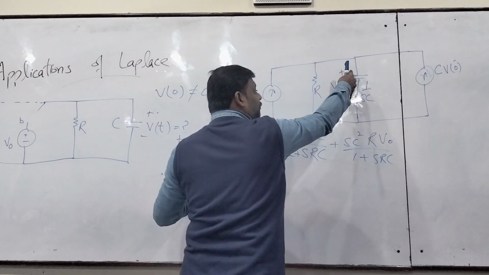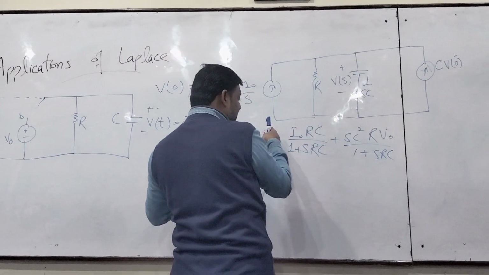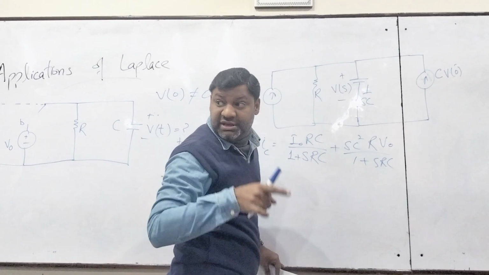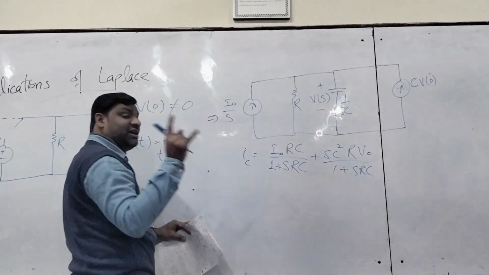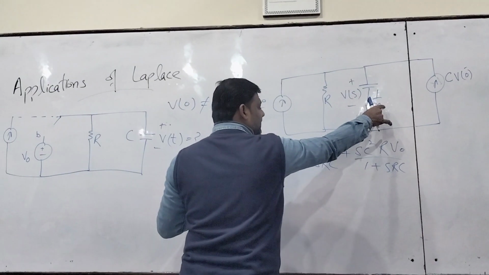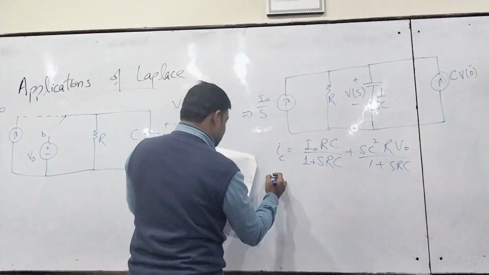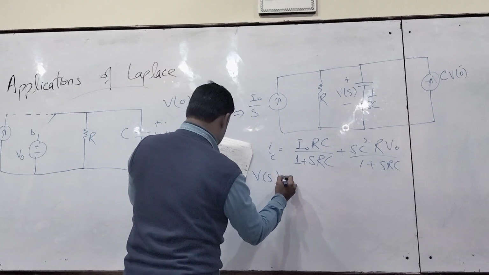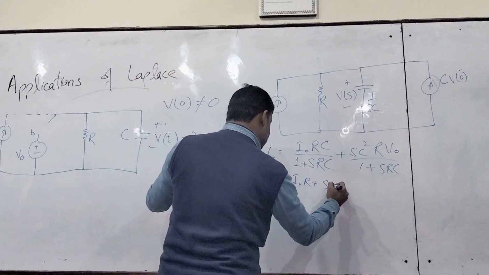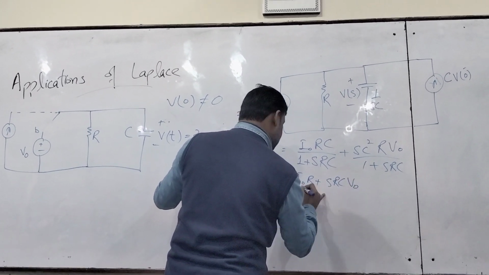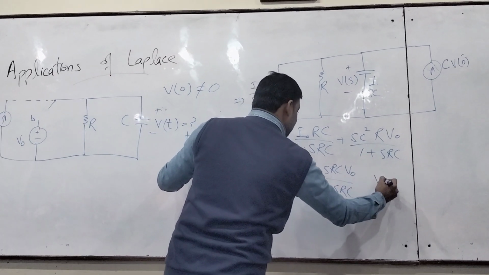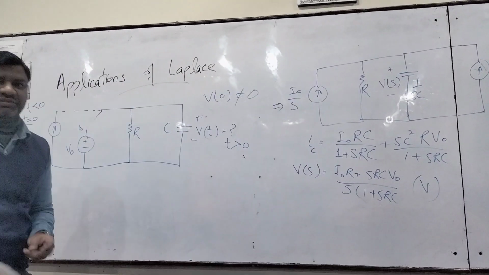That was the current flowing through the capacitor, but we are interested in the voltage across the capacitor. So V is equal to IZ, and Z is 1 over SC. So I naught R plus S R C V naught over S into R plus. That's the voltage across the capacitor.